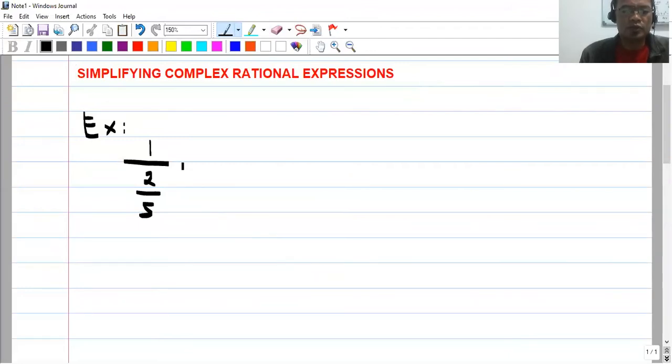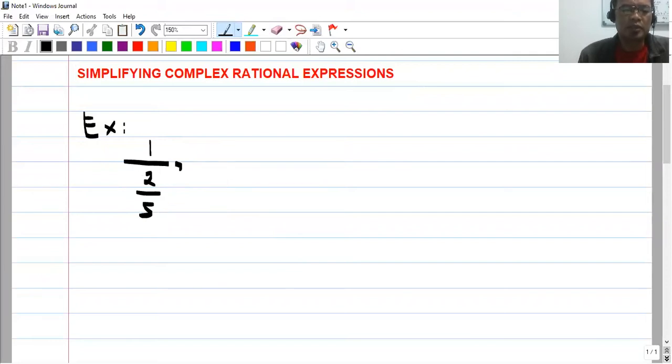If you notice also, there is a longer bar and a shorter bar here. The longer bar separates our numerator and denominator, so that the numerator is the fraction or number above the longer bar, and the denominator is the fraction or number below the longer bar.